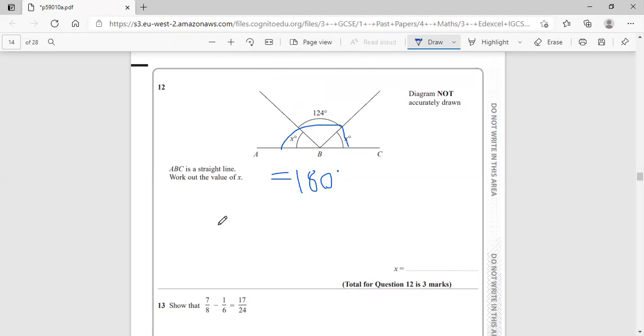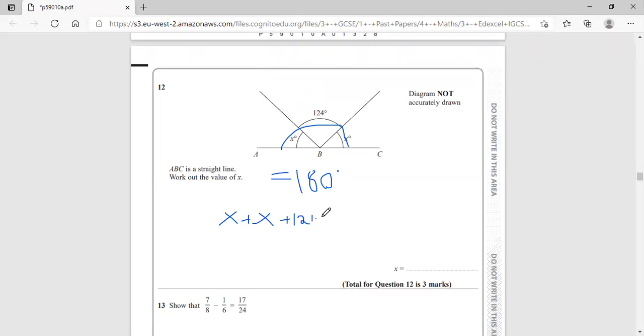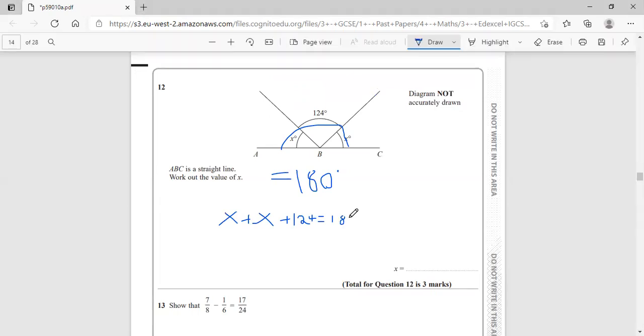So that means x plus 124 is equal to 180. What we can now do is take away 124 from both sides and add the x's together.